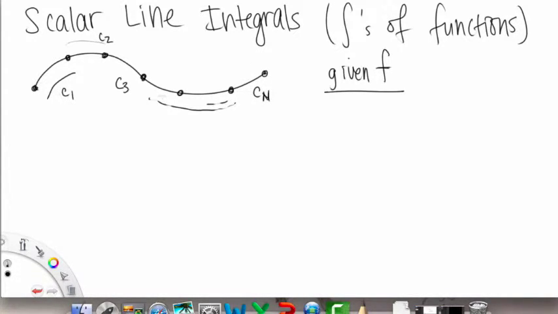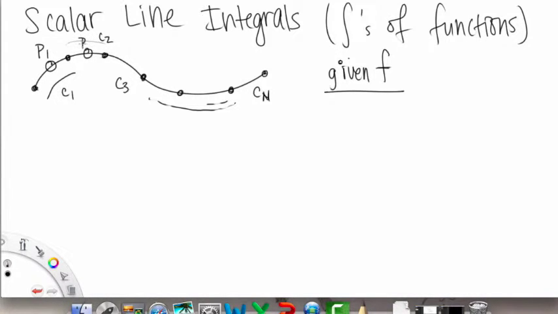So the long curve, the whole thing, is made up of C1 plus C2 plus C3 all the way up to Cn. Okay? So now what we're going to do with this, because you can't just break something into sub-intervals and then not do anything with it, is pick sample points. We'll pick a sample point and call it P1, because it's in curve 1.